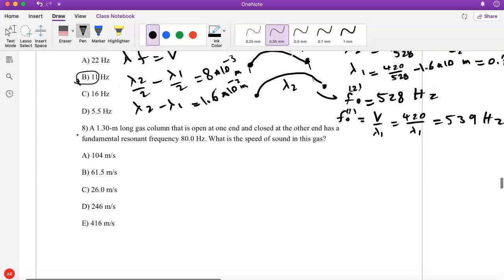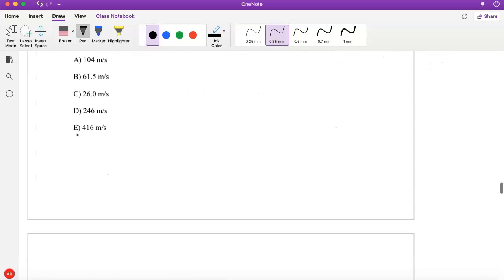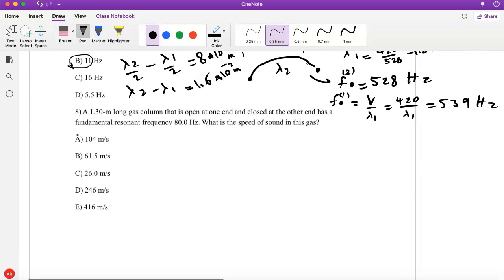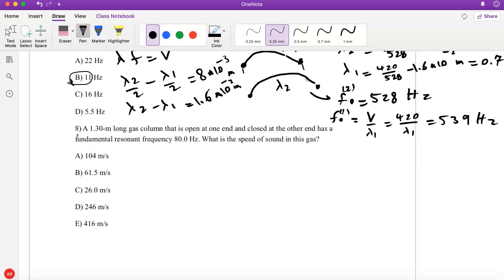Okay, let's do number 8 as well, and then I think we can do the rest of the exam in a different video. Here we have a column of gas, open at one end, closed at the other end.